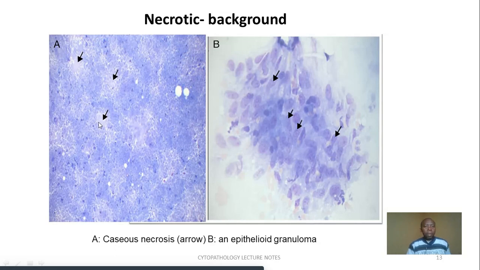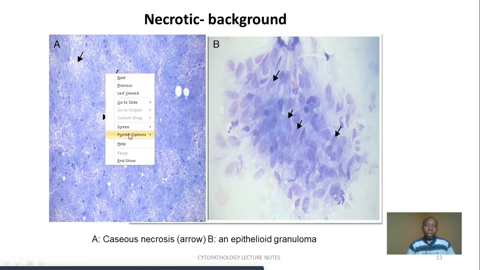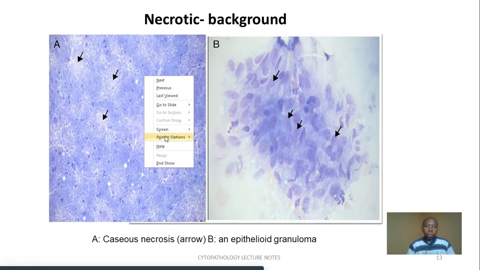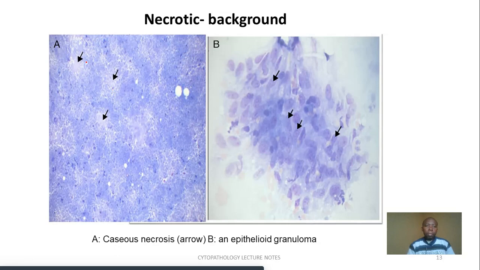And when we look here, this is histology, but for purposes of understanding, I chose to put this here to help us understand very well. I want us to look at some areas like here where it is a little bit pale, and then we have another area here where the pointer is.